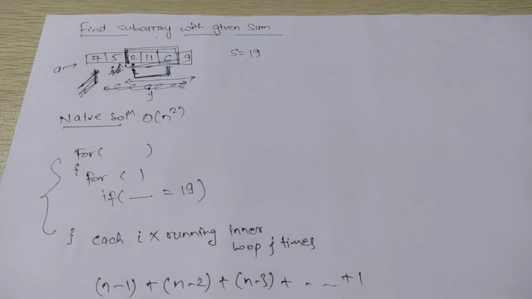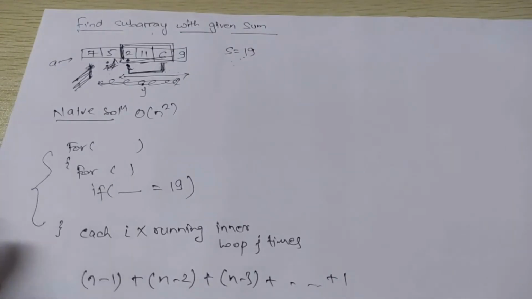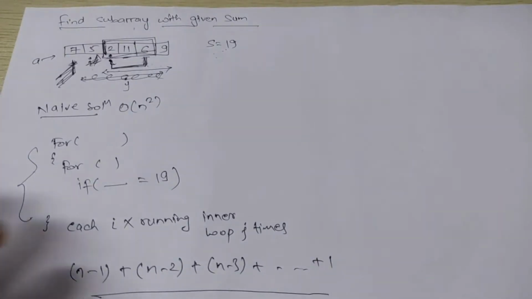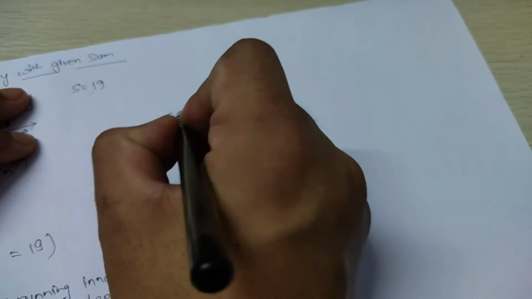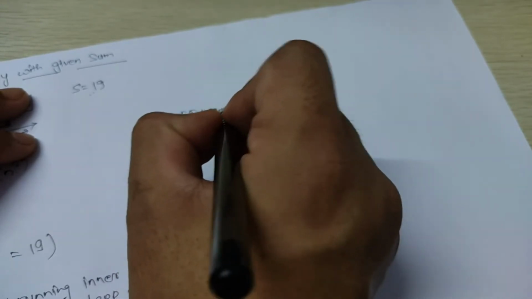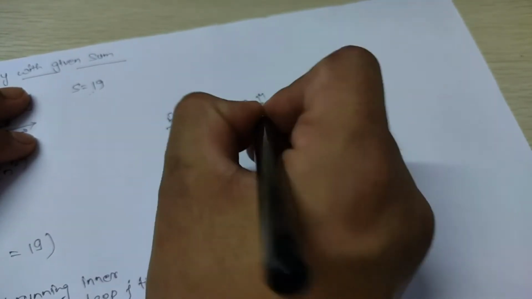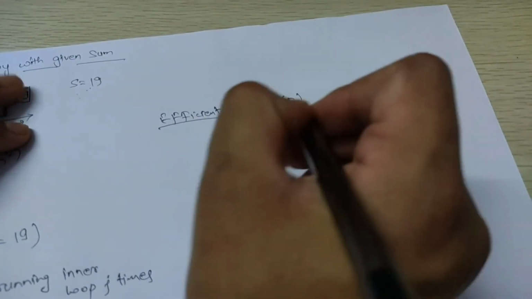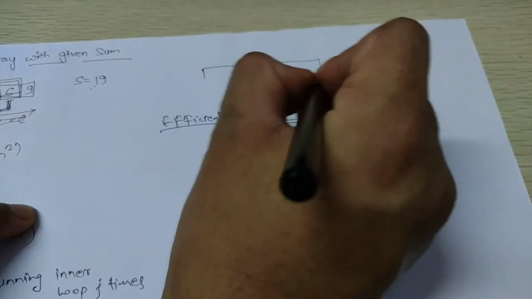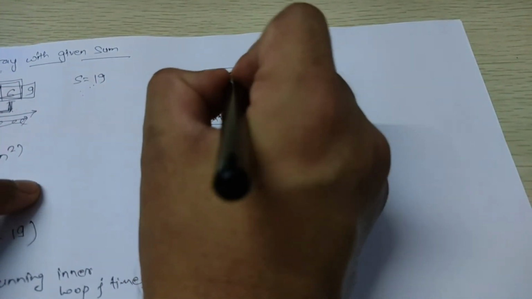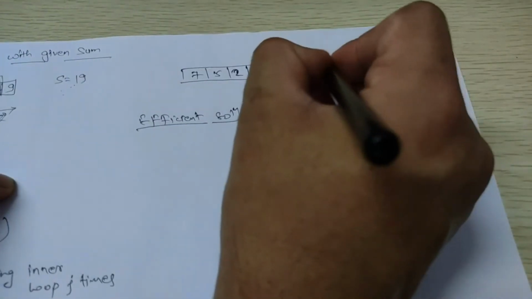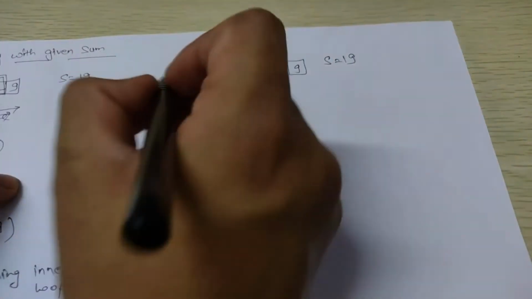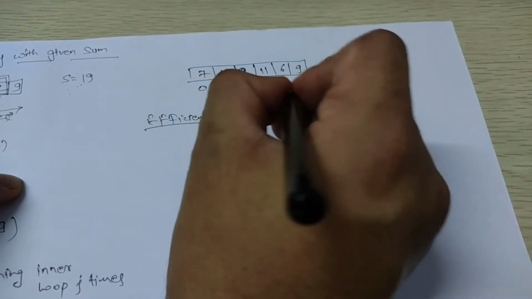So we are going to see the efficient solution. Now let's see the efficient solution, which will be done in order of n. So let me write here, efficient solution, and this solution will take order of n time complexity. Now let me write the given array again, and these are the indices.